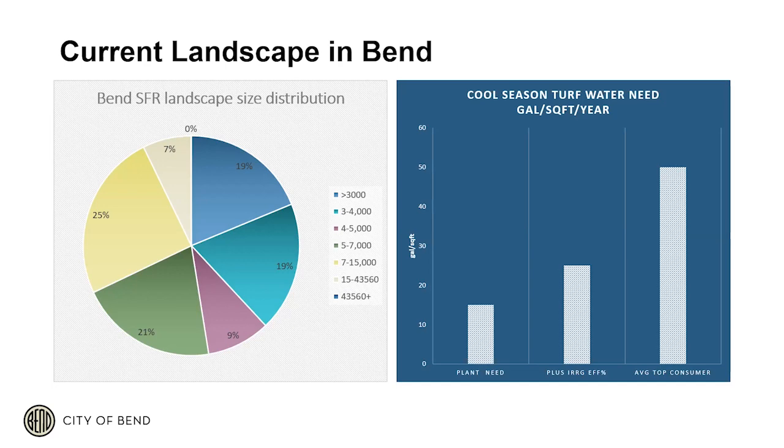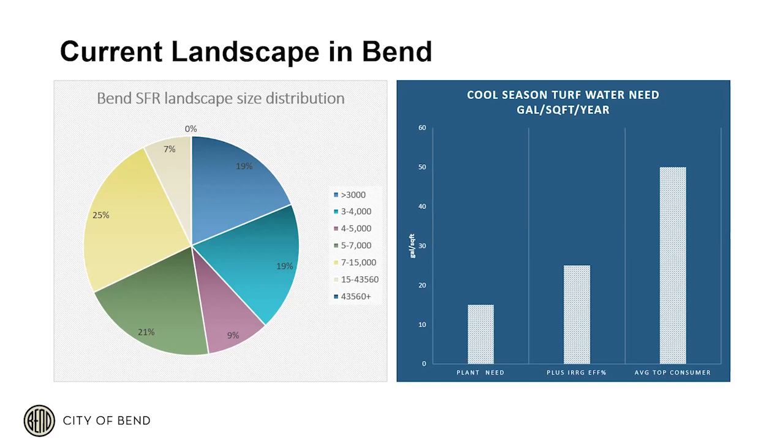To sum that up, about 50% of our single family residential lots are in the 4,000 to almost 7,000 square foot range. That's our average size lot here in Bend.